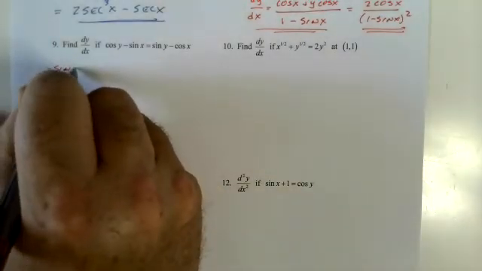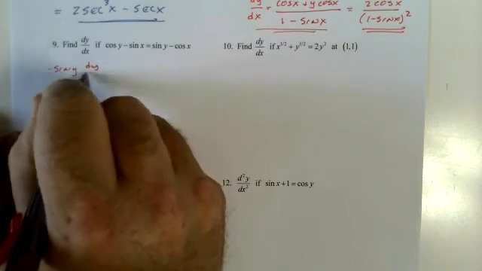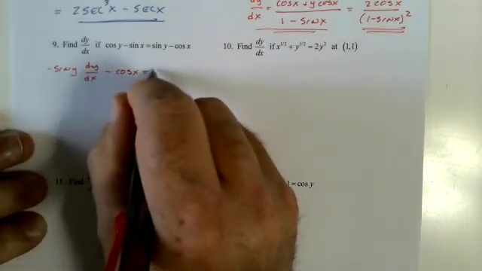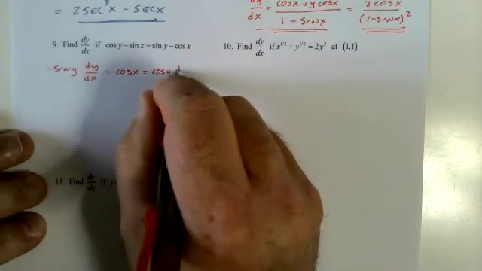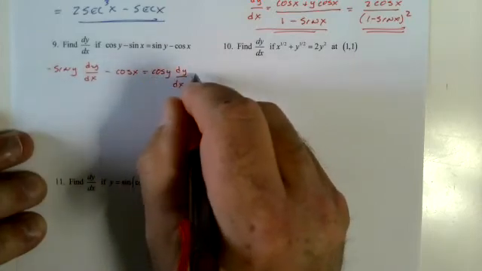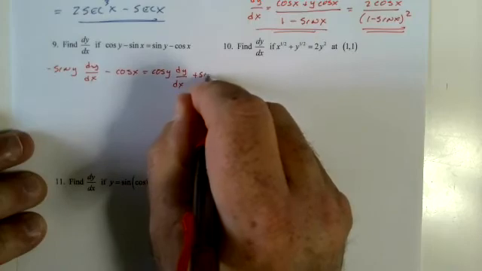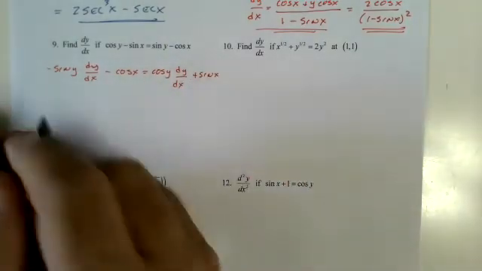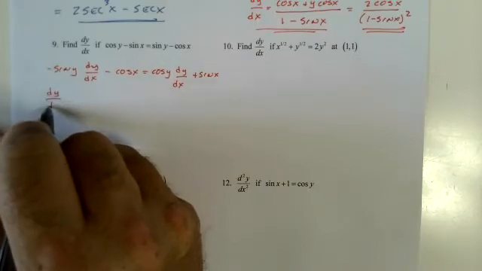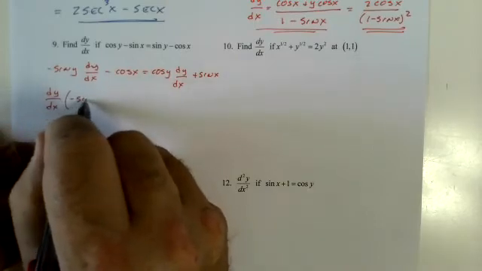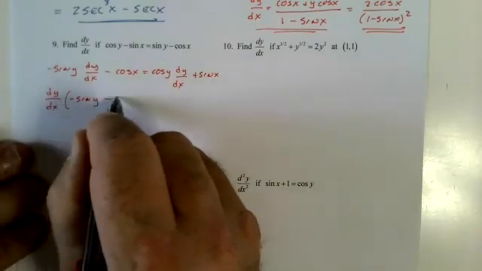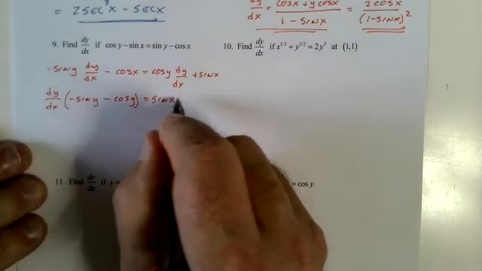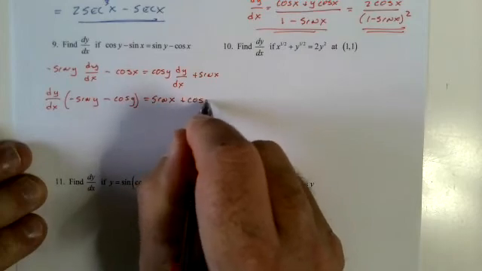Negative sine y dy/dx minus cosine x cosine y dy/dx plus sine x. Let's go, it doesn't matter. dy/dx times negative sine y minus cosine y equals sine x plus cosine x.